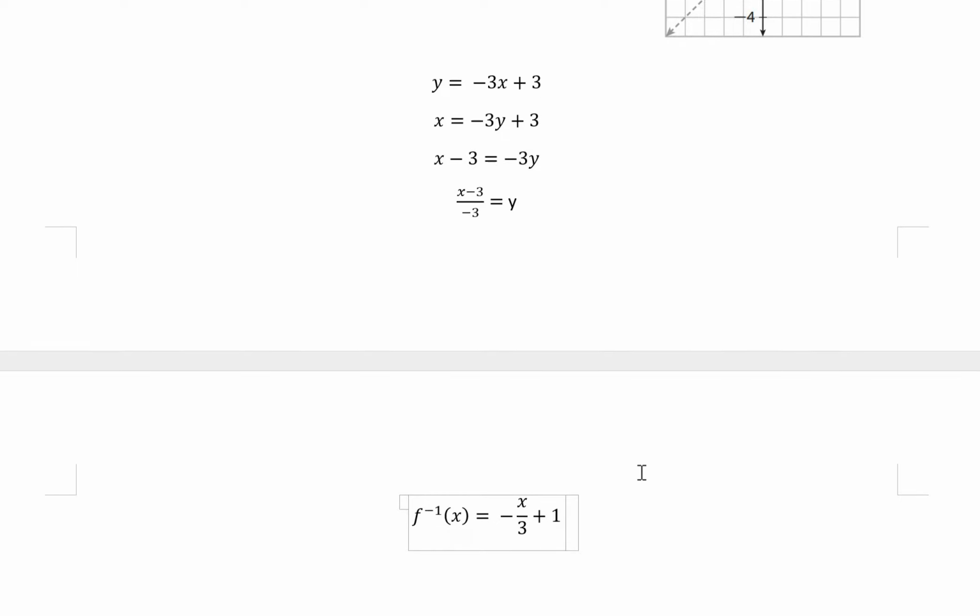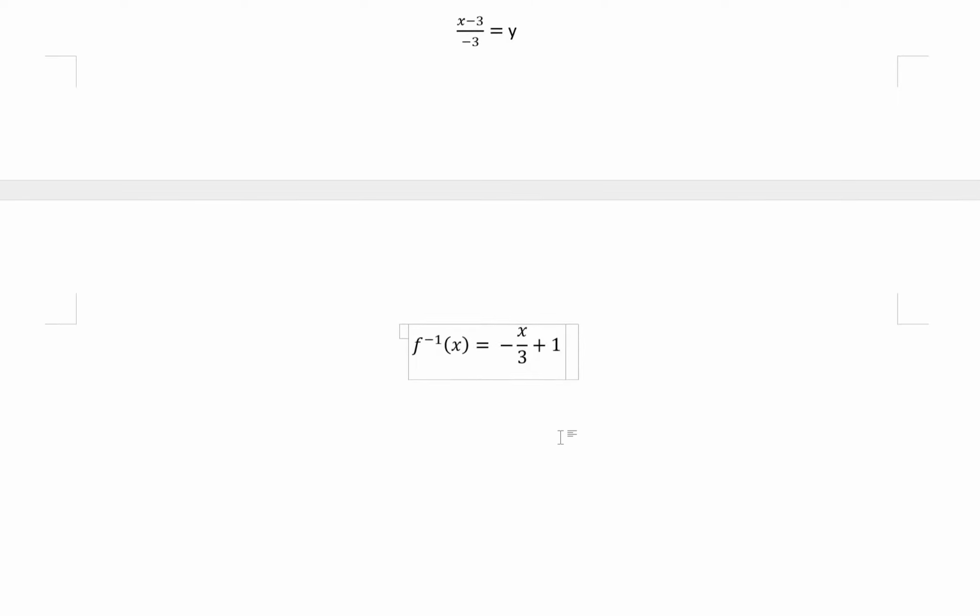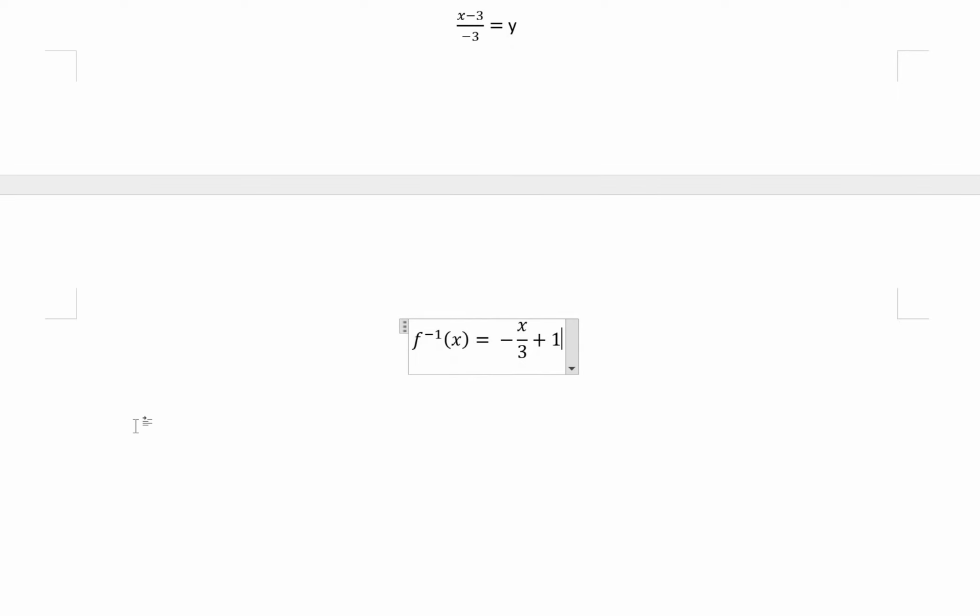This is my inverse function. But this is not all. We need to use the inverse function in a composition. So f of f inverse of x, like this, always has to be equal to x.